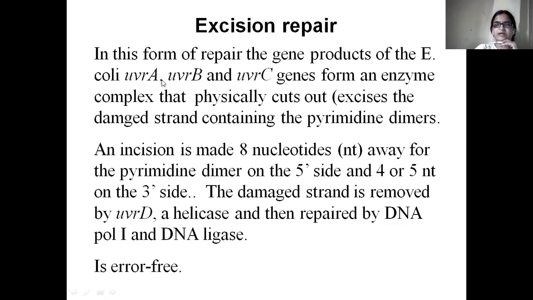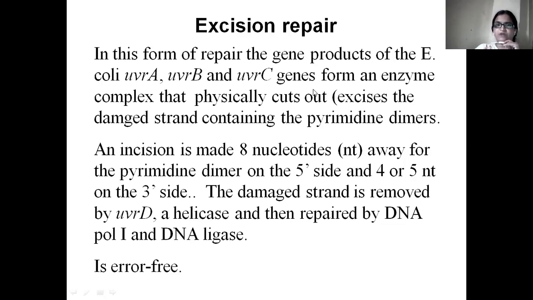Here, the enzymes involved are UvrA, UvrB, and UvrC. These recognize the TT dimer site, and physically cut the DNA strand where the pyrimidine dimers are present.